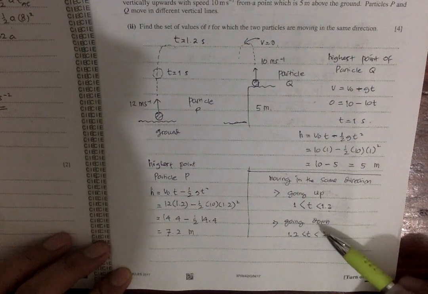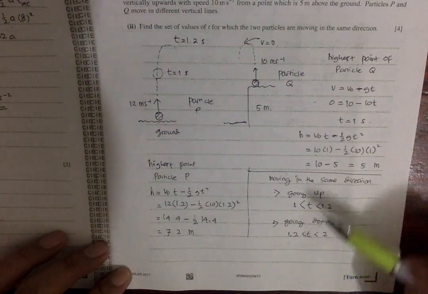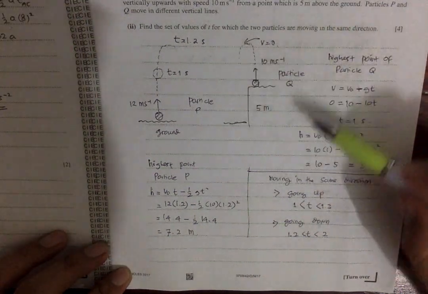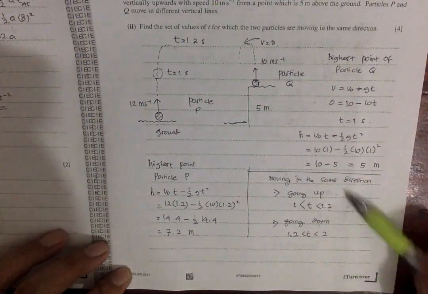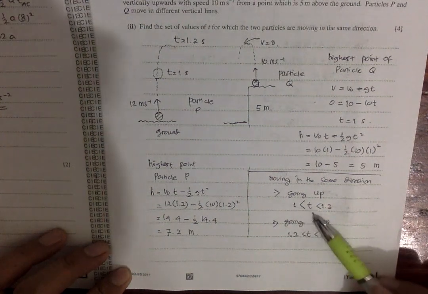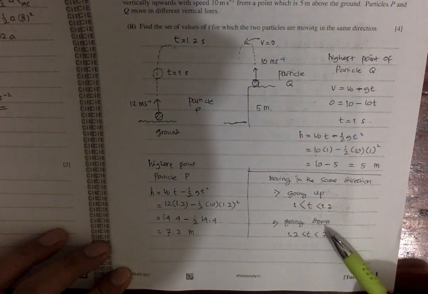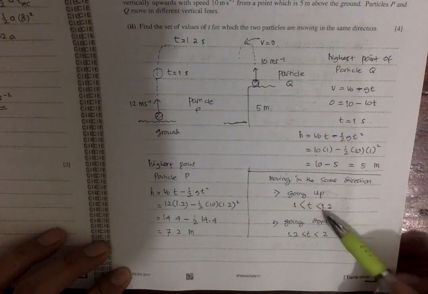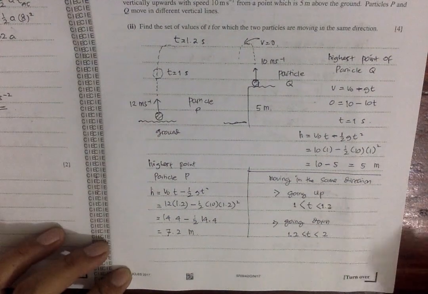The going down part is from 1.2 until 2 seconds, because at 2 seconds particle Q is already on the ground. So this is the answer: when going up, t is from 1 until 1.2, and when going down, 1.2 until 2 seconds.